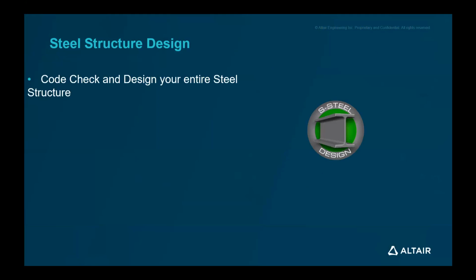With S-steel, or also called the steel design model, you can code check and design an entire steel structure by using S-frame's capacities of modeling and analyzing. Once you've done that, you can code check section by section and verify that your design is in the best form.